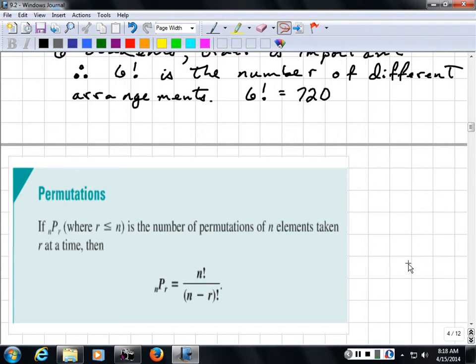Well, that's what a permutation is. Okay? If nPr, little n, big P, little r, where r is always less than or equal to n, that means that this number here on the right must be no bigger than that number. Okay? Is the number of permutations of n elements r at a time, then the formula is given by so. nPr equals n factorial over n minus r factorial.